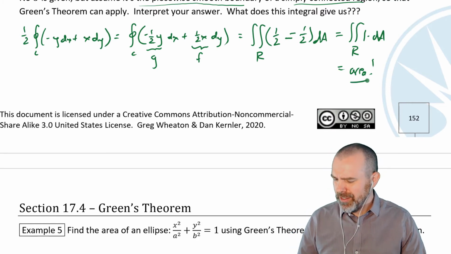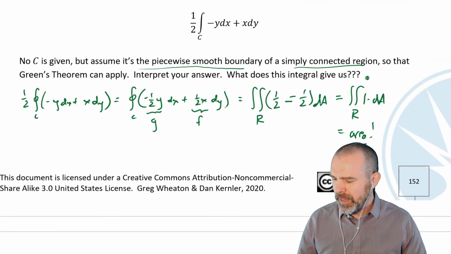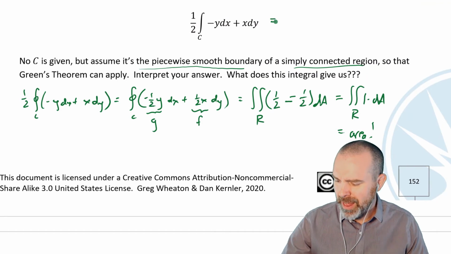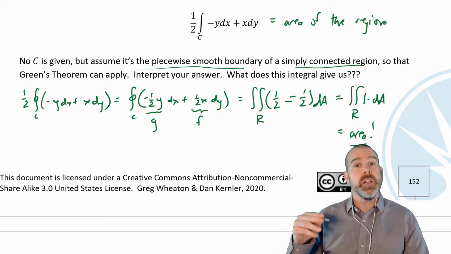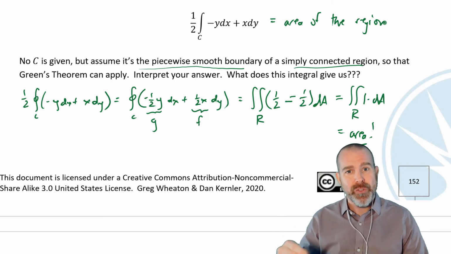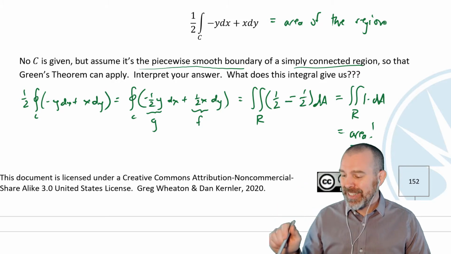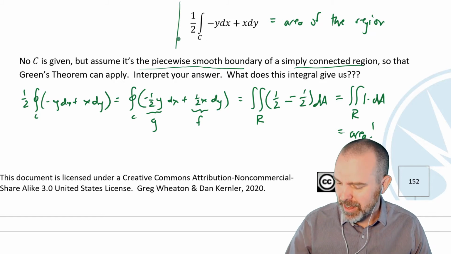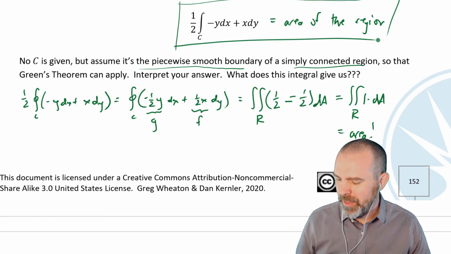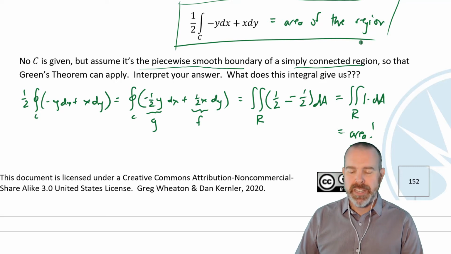Well, that's kind of interesting. There's just a little trivia formula there. So this particular formula is actually the area of the region. If we were to compute that line integral around the curve, we would get the area of the region inside of it. That's kind of cool. So make sure to make a note of that on your formula sheet.